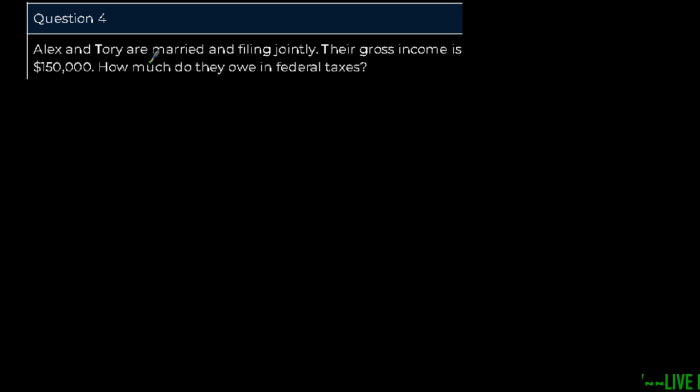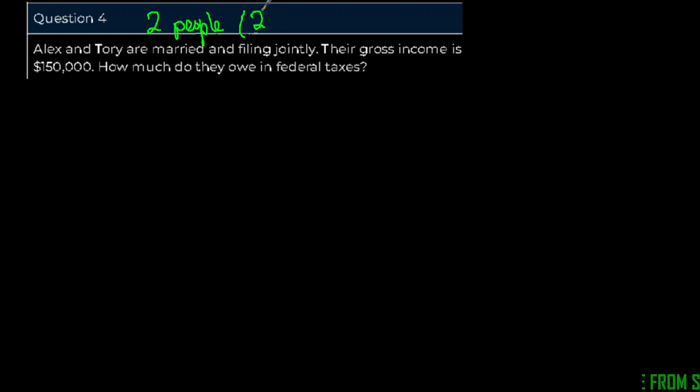Well, actually, I have to find again my taxable income, so it's still going to be the same amount. However, since there's 2 people, I have to say it's going to be 2 times the parentheses.